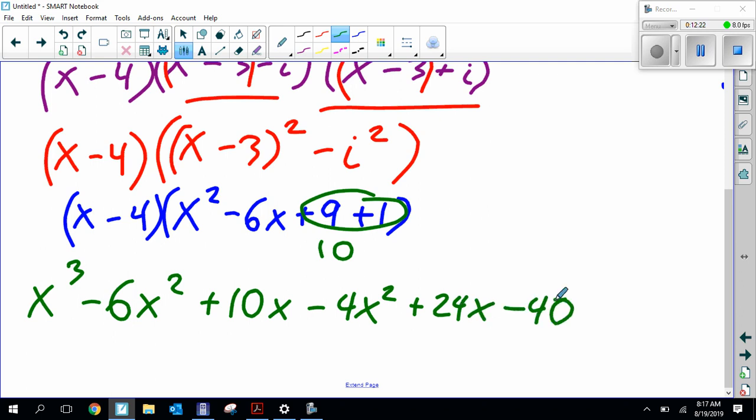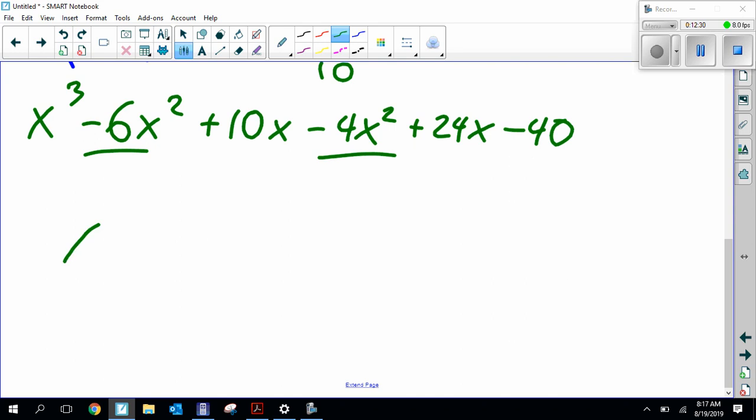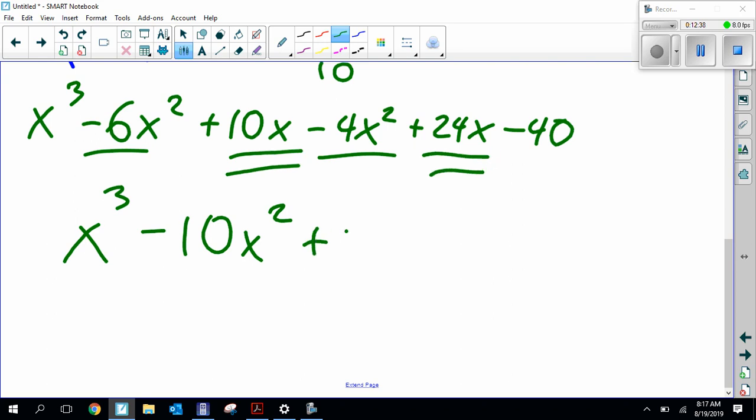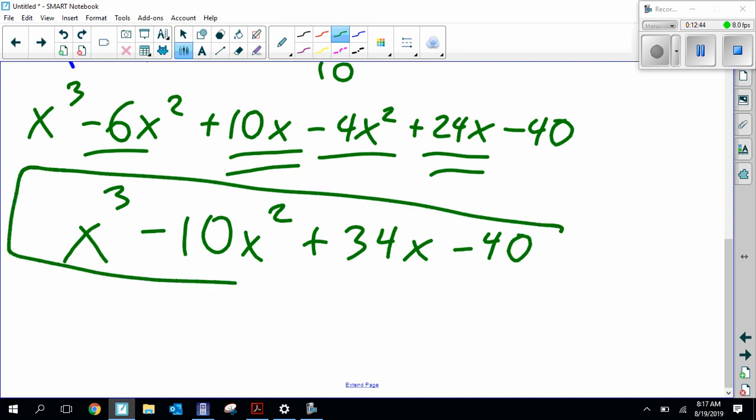And combine your like terms. So there's your polynomial. You could say f of x equals or whatever, but that's your polynomial.